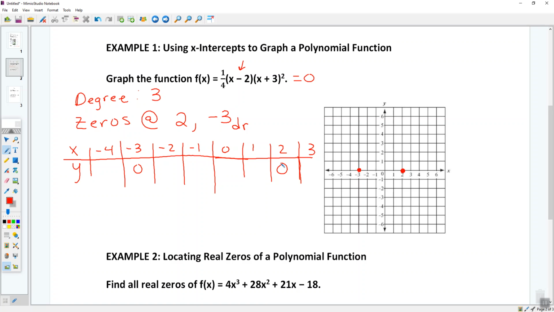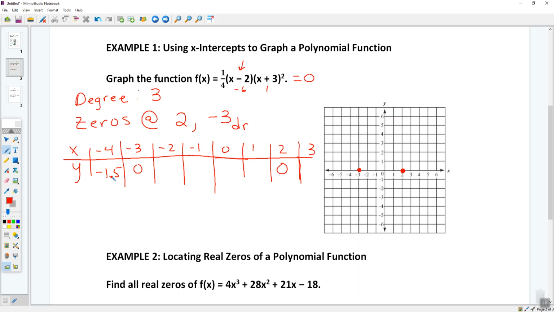I'll do -4. What's -4 minus 2? -6. What's -4 plus 3? -1 times itself would be 1. So isn't this -6 times 1 here? Yeah, it's -6. -6 times 1/4 would be -1.5.